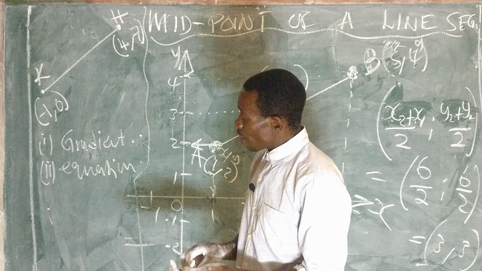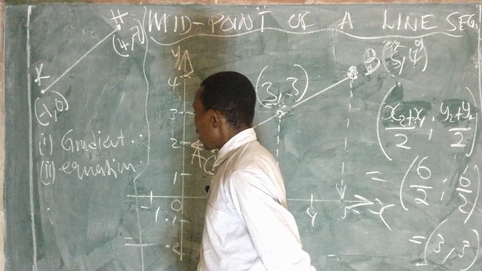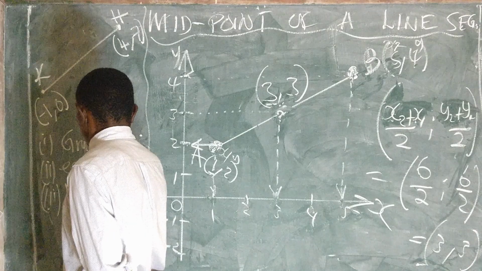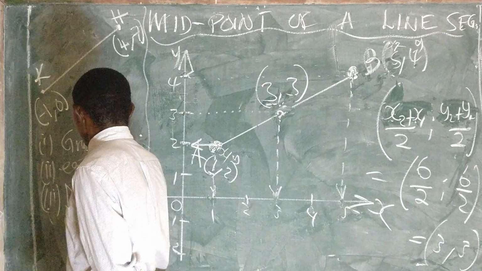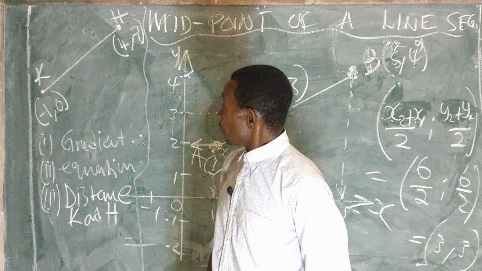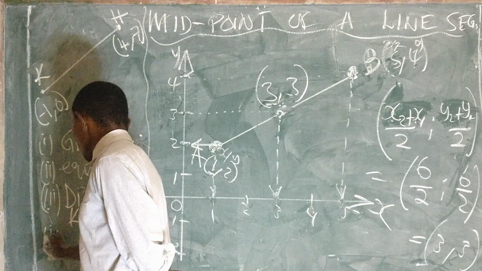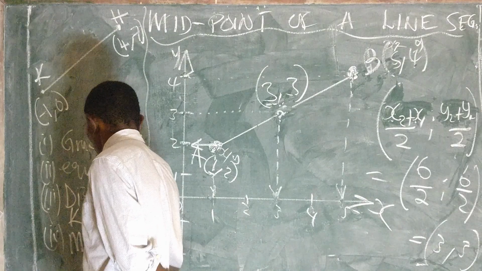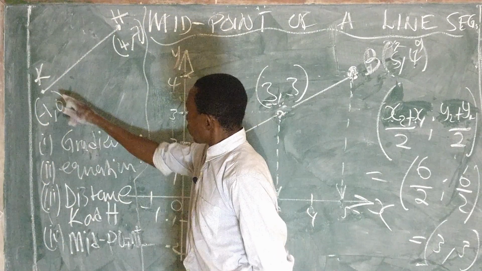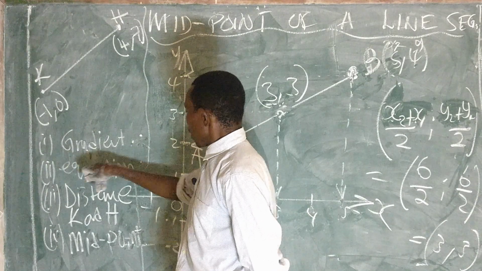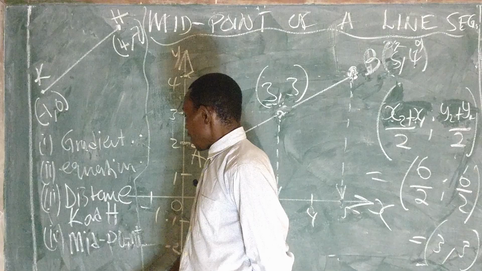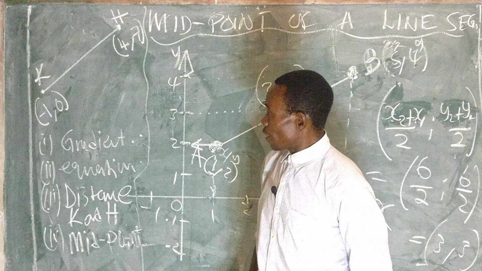And then I would also need you to work out the distance between K and H. For the same line, you need to find the midpoint. Right, so I want you to calculate the gradient of this line, KH. Secondly, find the equation of this straight line, then find the distance between K and H, and finally find the midpoint of that line.